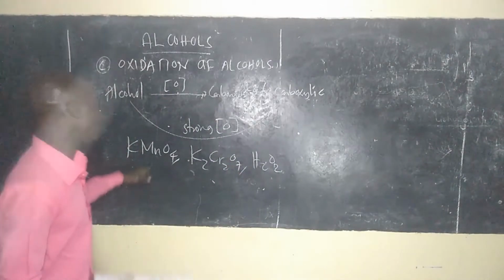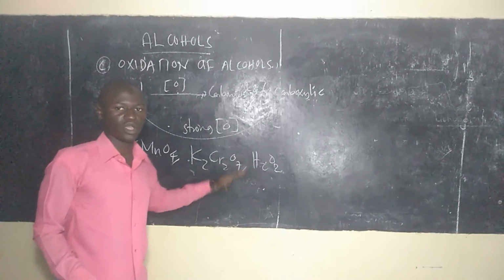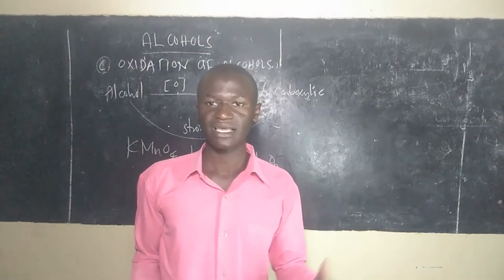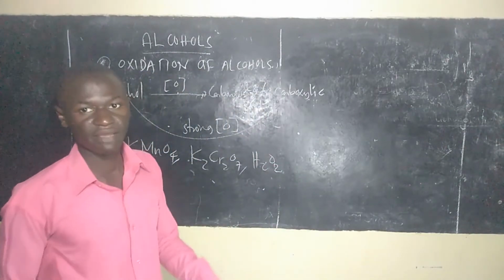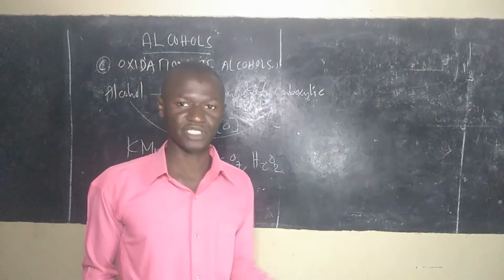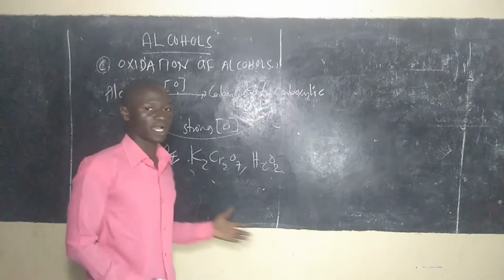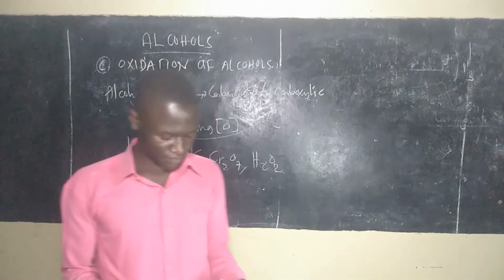Hizi oxidizing agent mbili zina color. Hii hapa ni purple, hii hapa ni orange. Kwa hiyo kama oxidizing agent imeoxidize alcohol, color yake itapotea. Ikipotea, that's one among the chemical reactions tunaweza kuzitumia katika kutest kama hii solution ina alcohol or not.